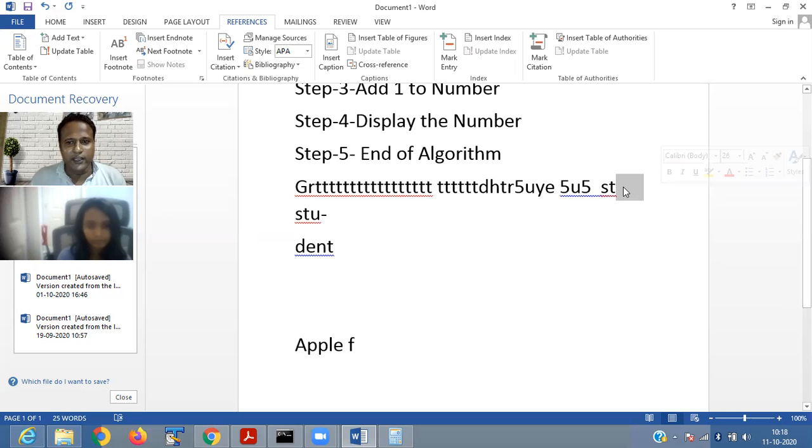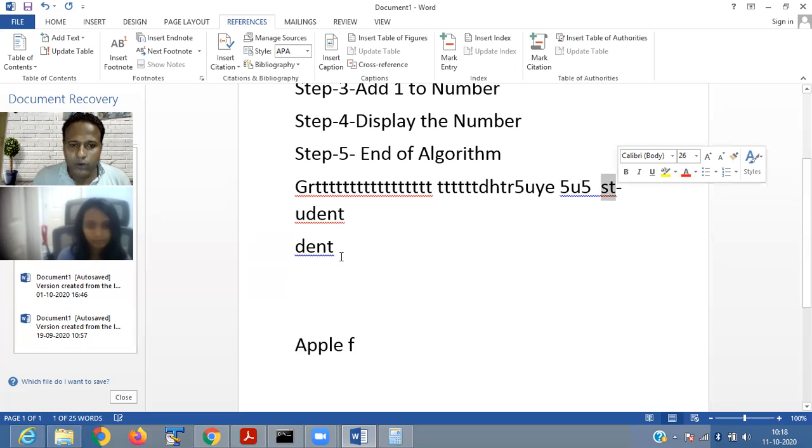To continue it without wasting space, I define a hyphen, and then you write the rest, UDNT, after it. Together you can say it is student. We have written ST here, and because there is not much space for UDNT, we define a hyphen and then write UDNT. When you spell, you spell them together as student.